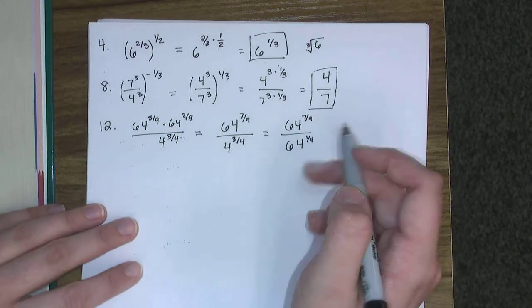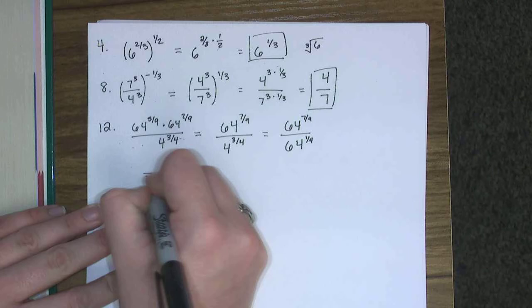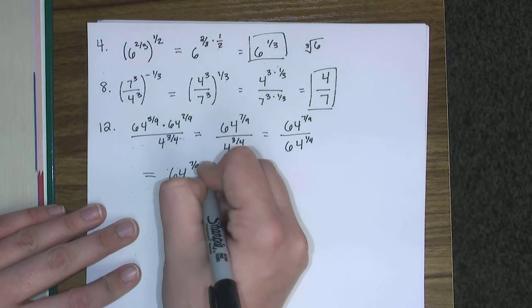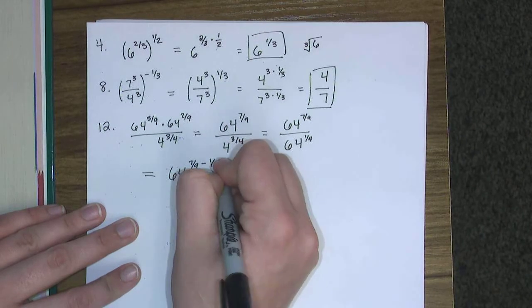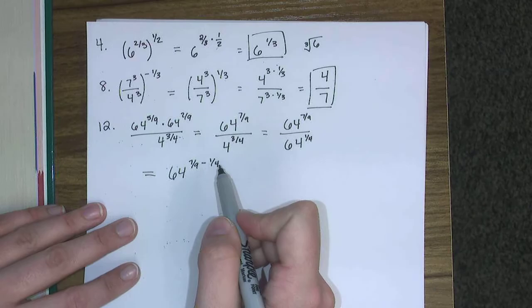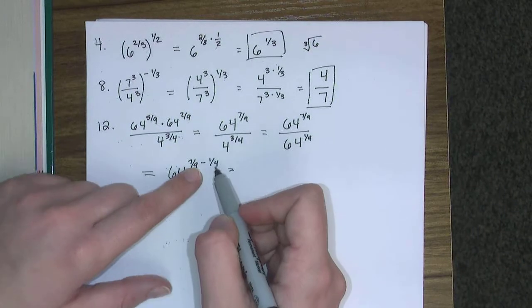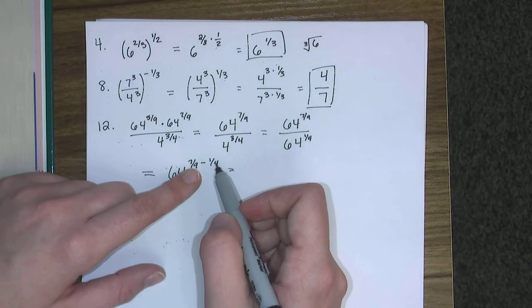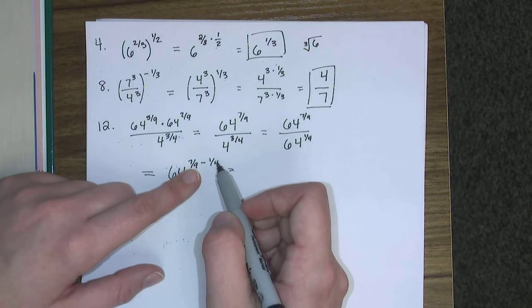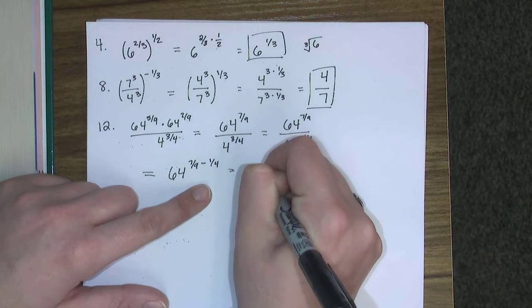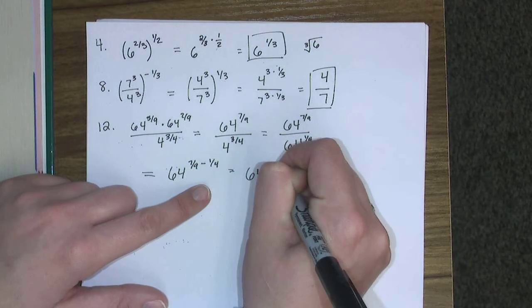Well, I need a common denominator here, so for 9 and 4, the first thing they have in common, I believe, is 36. So we'll say 64, and then 36 is going to be the denominator. So in order to get this one, I have to do 7 times 4 is 28, minus 1 times 9 is 9.